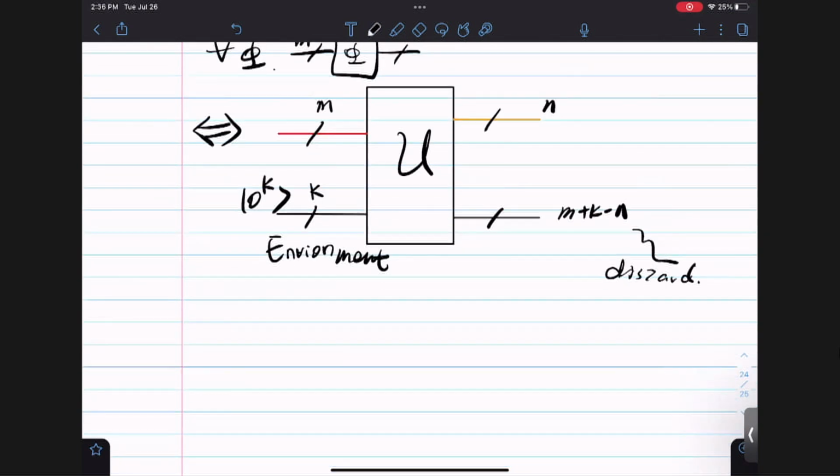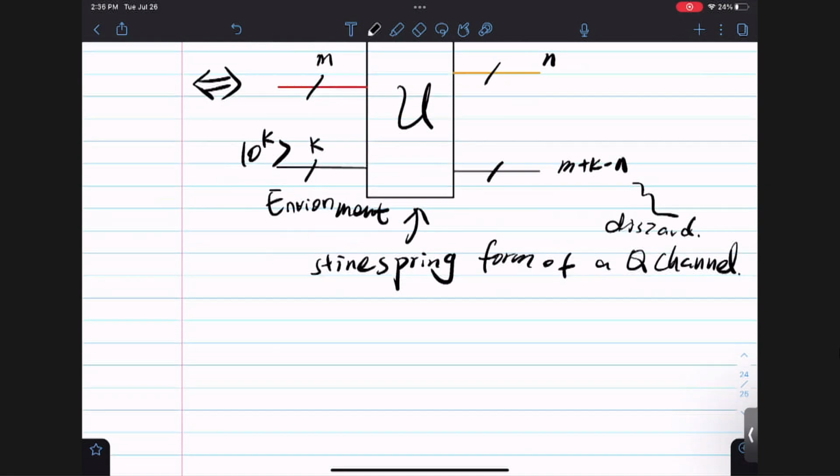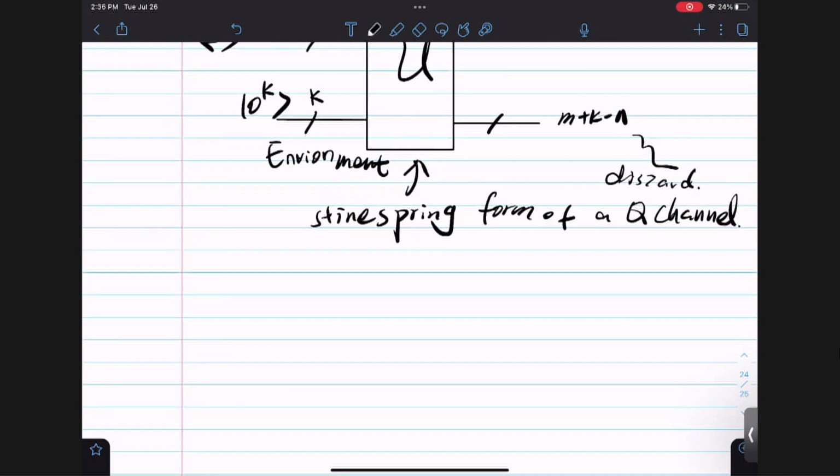So this is called the Stinespring dilation, or just the Stinespring form of a quantum channel. As a special case, suppose we want to measure under a POVM.